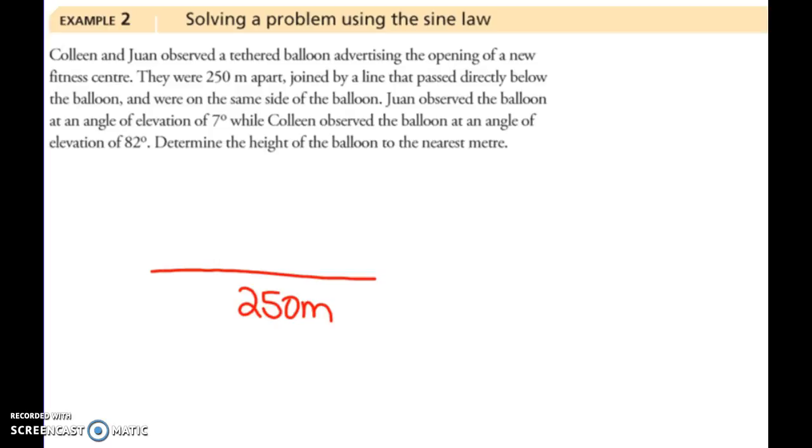Ron observed the balloon at an angle of elevation of 7 degrees, so this will be 7 degrees, while Colleen observed the balloon at an angle of elevation of 82 degrees.